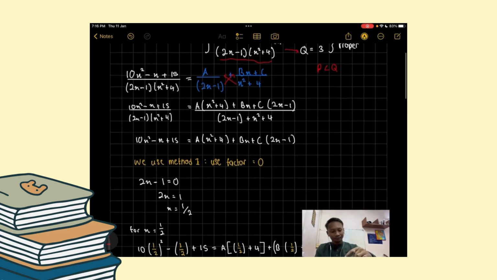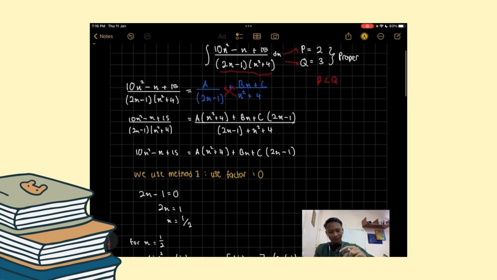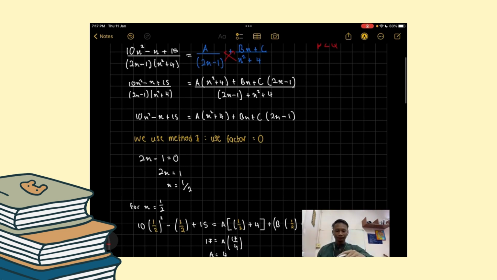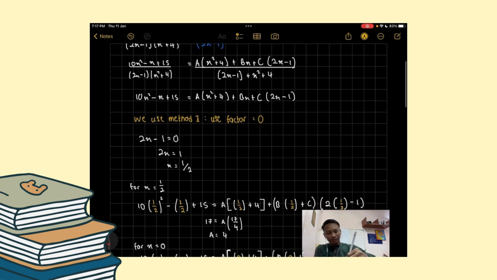Then we multiply bx plus c by 2x minus 1 and A by x squared plus 4. The denominator below is the same, so continue like this.